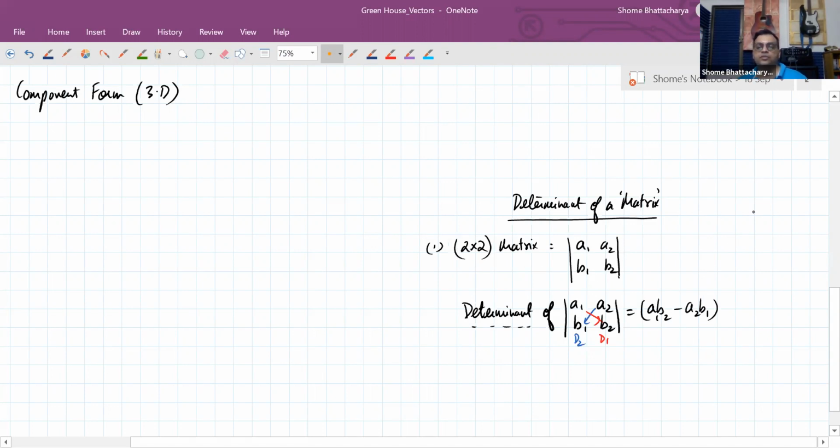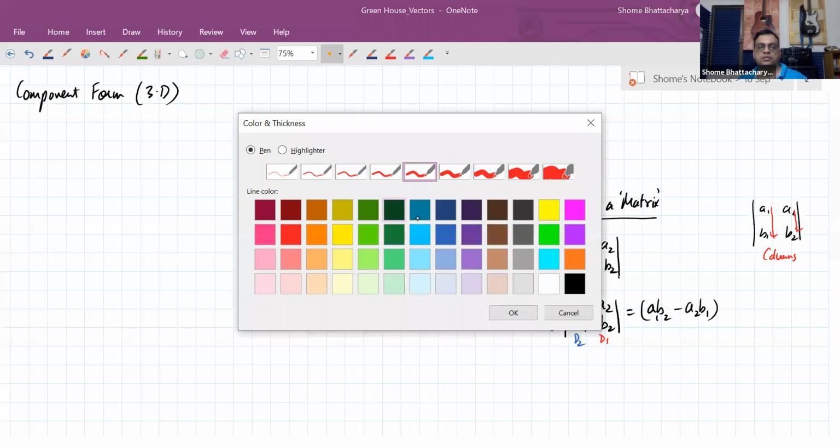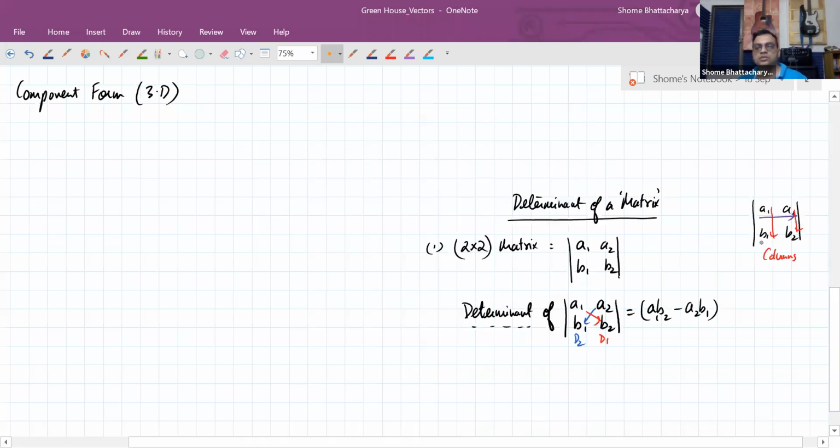In fact for this matrix, the four terms that we have here, these are called the columns, and these are called rows.